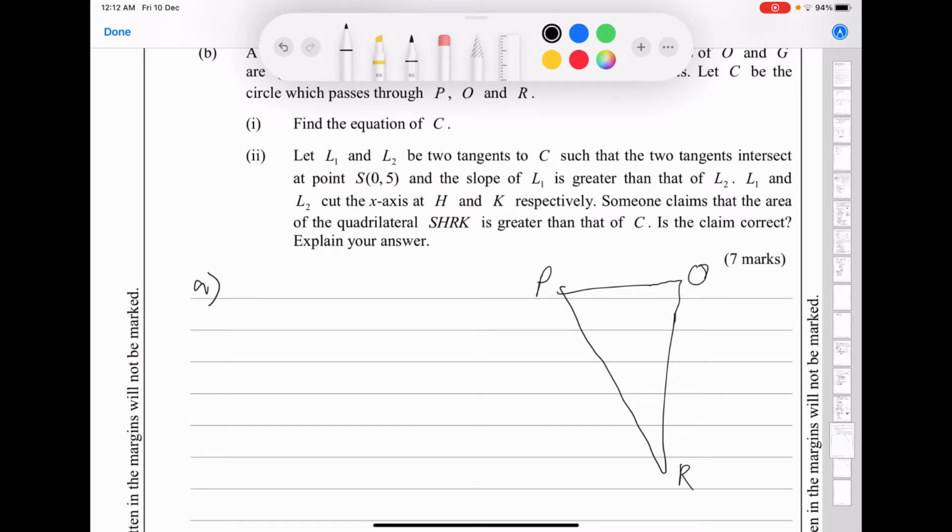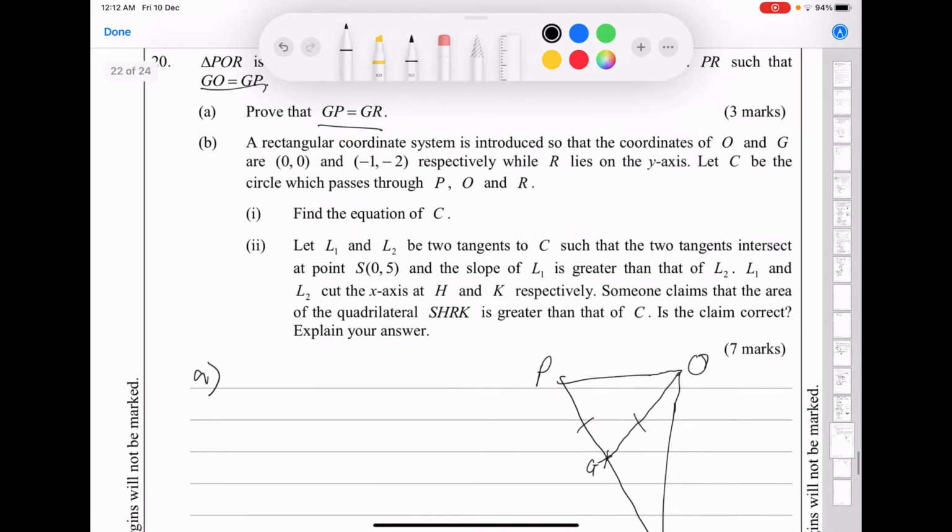So this probably here would be G. Okay, so G is here right at this point, and these two are equal.